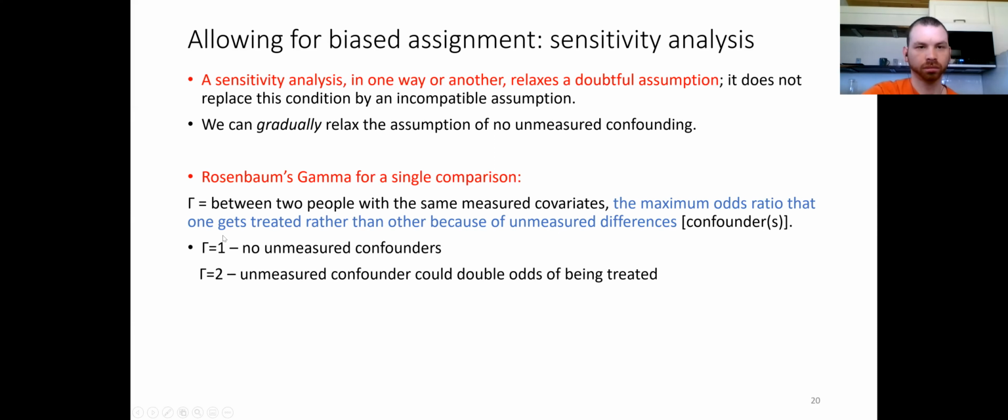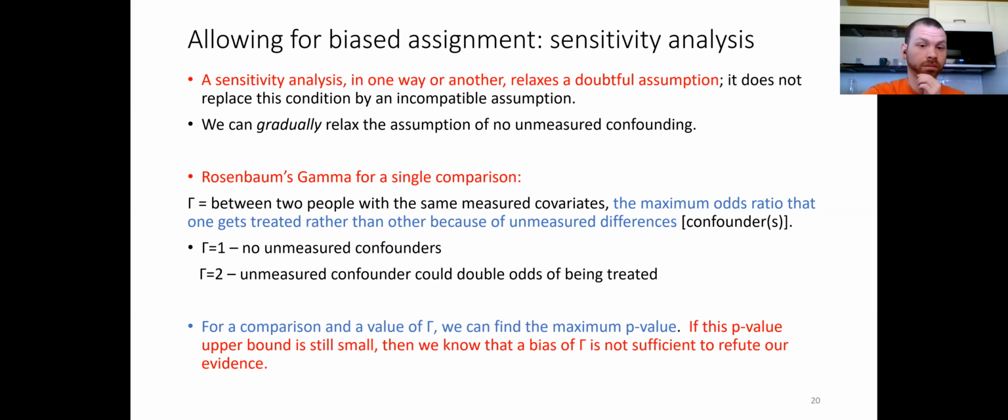If gamma equals 1, then they have equal odds of getting treated or controlled, so gamma equal to 1 means there are no unmeasured confounders. If gamma equals 2, then because of unmeasured confounders, one of them can have twice the chance of getting treated compared to the other one. So a higher gamma means a higher amount of possible unmeasured confounding.